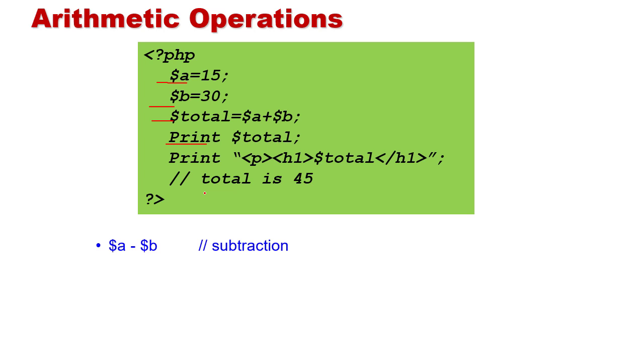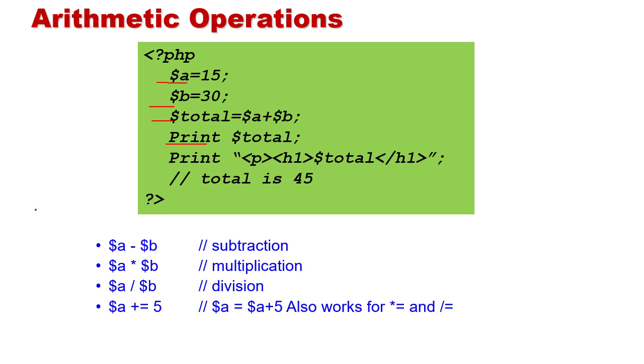Some more examples. If I want to do subtraction, I will write like this. If I want to do multiplication, I will use the asterisk symbol. If I want to do division, I will use the slash.